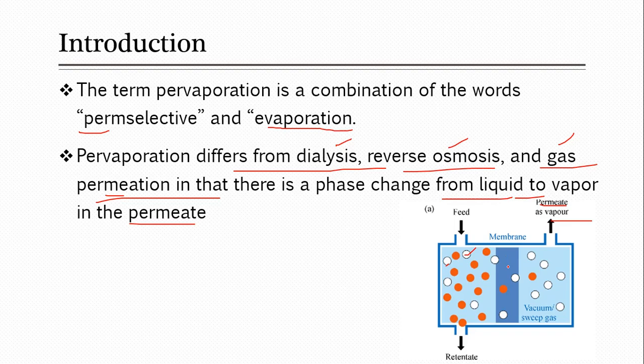Few lectures back, if you remember, at some starting lecture of membrane separation, we discussed a comparison of the diffusion of various species through the membrane: diffusion of solids, diffusion of liquids and diffusion of gases. If you recall, diffusion of gases was the highest.